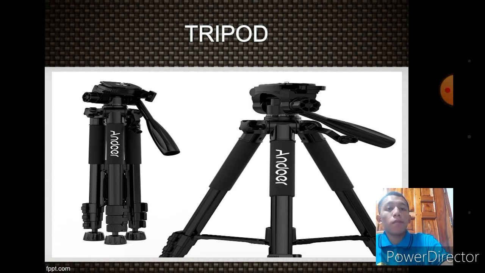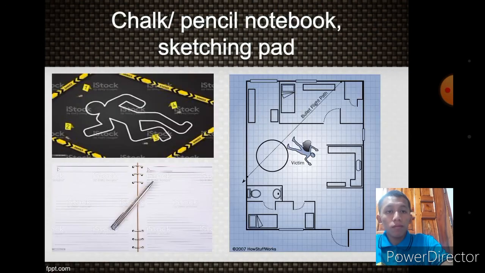Chalk, pencil, notebook, sketchpad. Kalimitan natin nakikita ito sa crime scene. Chalk, panukat at pandasto ng mga bagay na mahalaga at kasali sa crime scene gaya ng kutsilyo, mga ginamit sa crime scene gaya ng barel, at pati na din yung biktima.